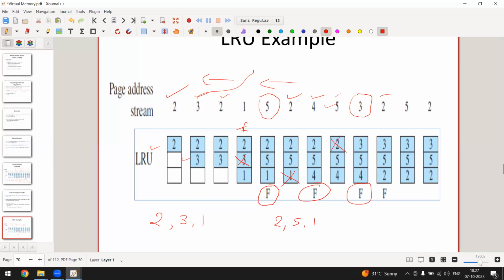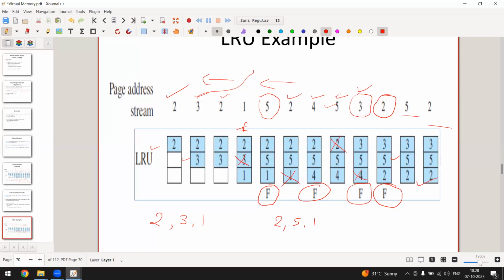Next, I require 2, but 2 is not present here, so again it is a page fault. I have to search again. 3 was recently used, then 5 was used, and then 4 was used. So 4 is least recently used, so I can swap out 4 and bring 2. After that, the next reference is 5, which is already present, and then 2 is also already present.